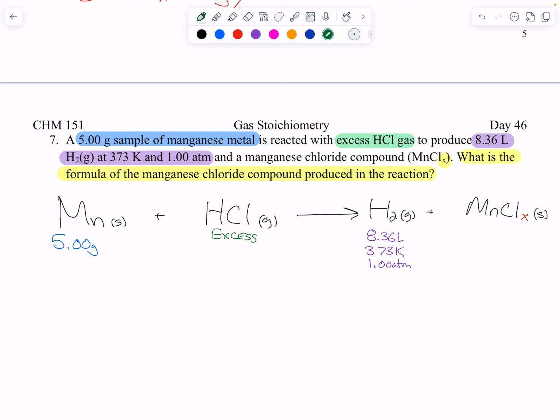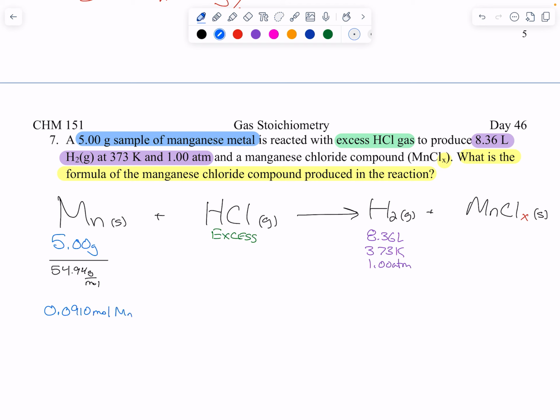All right? So I can go from 5 grams of manganese, right? We know manganese is 54.94. And so if I do 5 divided by 54.94, I get 0.0910 moles of manganese present, right?